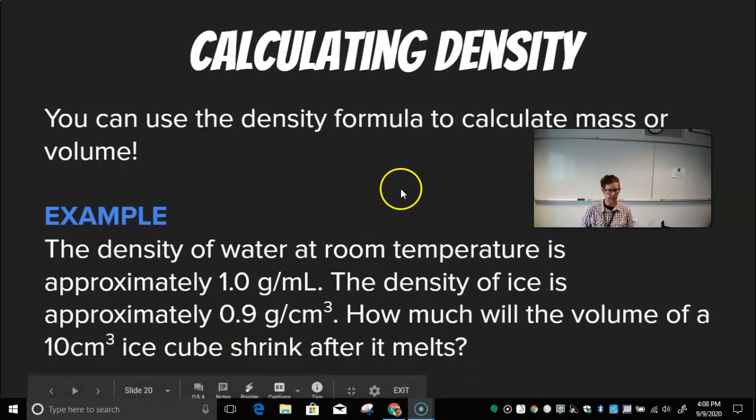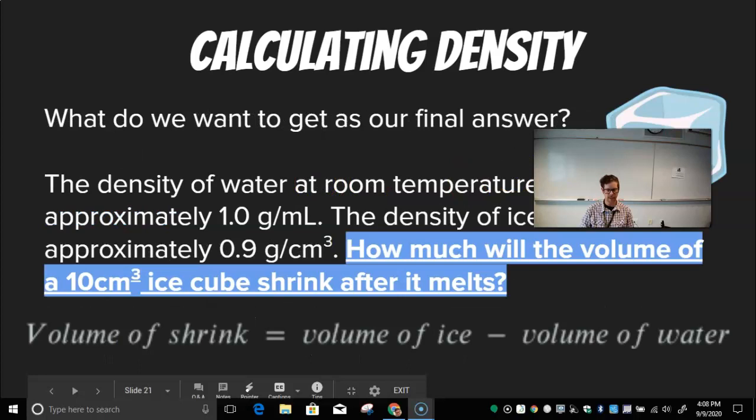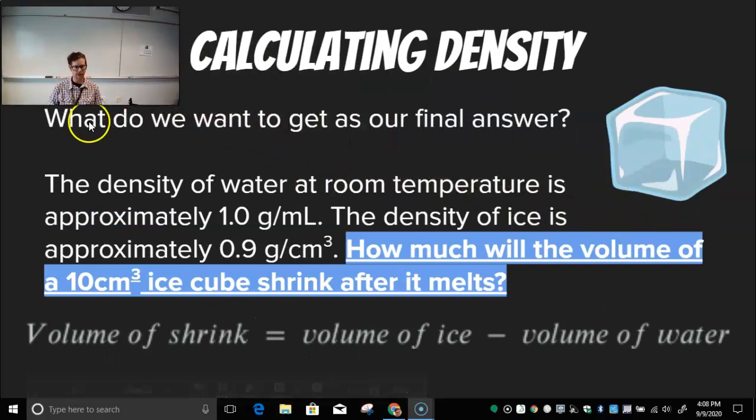Interesting. It's going to take a couple steps, but first let's think about what exactly we are trying to figure out here. So what do we want to get as our final answer? We want to get a volume of shrink, right? Essentially, how much does the ice cube shrink after it melts? And so that volume is going to be how much volume we had of ice minus how much volume we had of water.